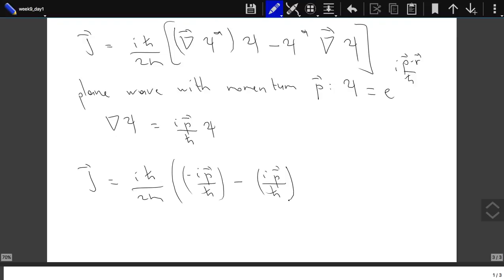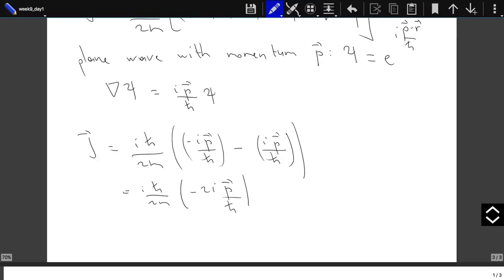Again, psi star psi is just 1. This is equal to i h bar over 2m times minus 2i P over h bar. H bars cancel, 2's cancel, i times minus i just gives 1. And so the current density is P over m.